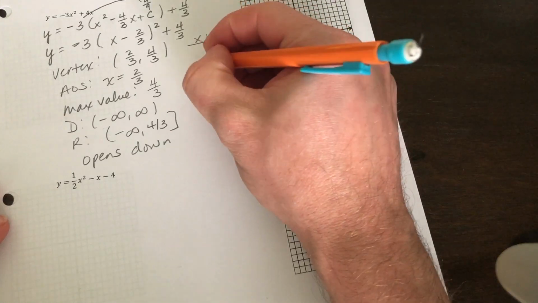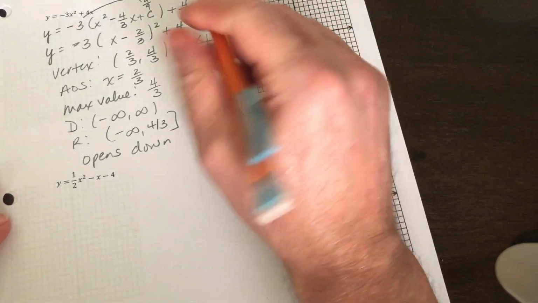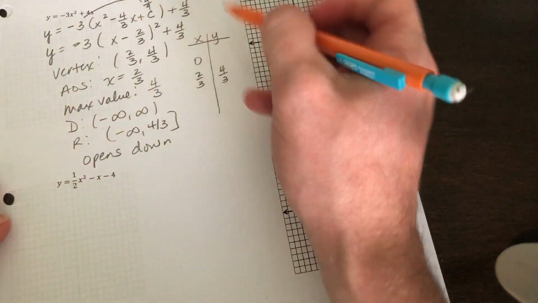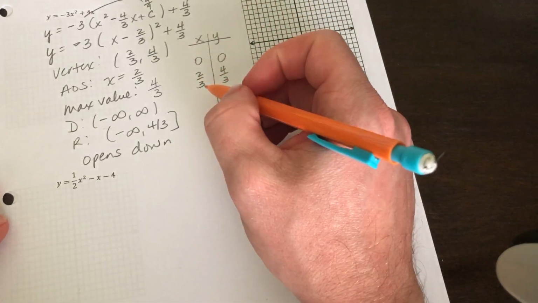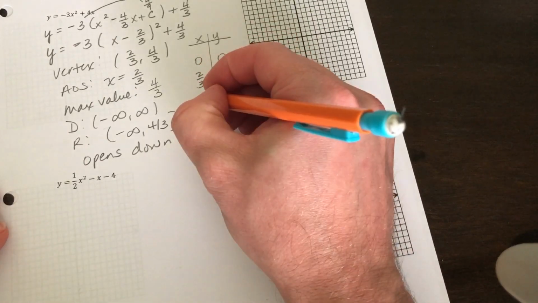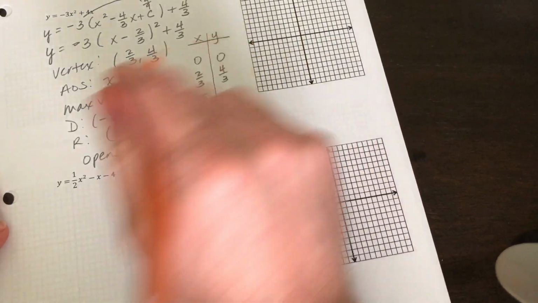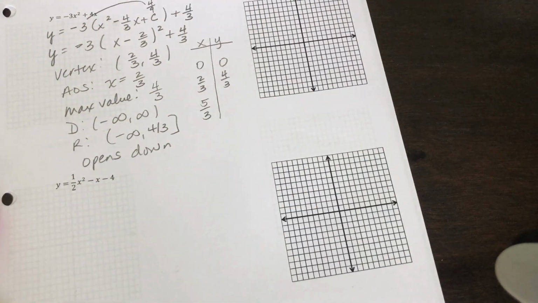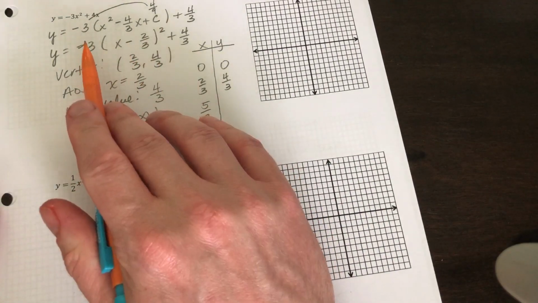So let's do 0. If I plug in a 0, I get a 0. Let's do 5/3.